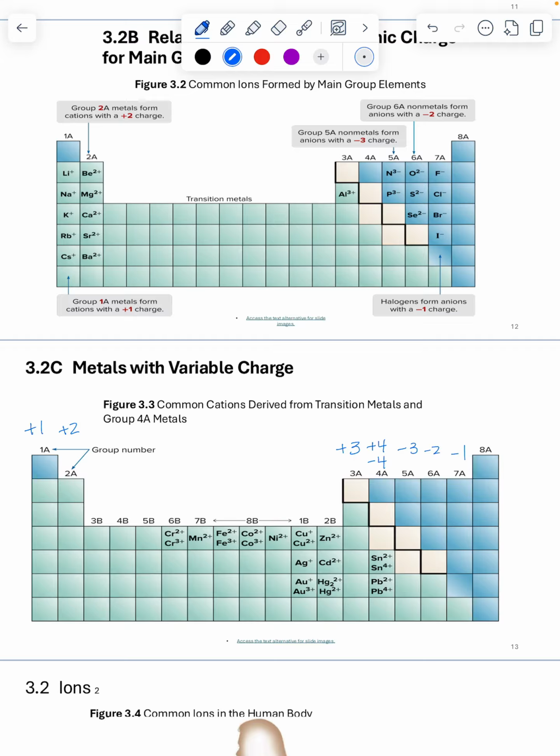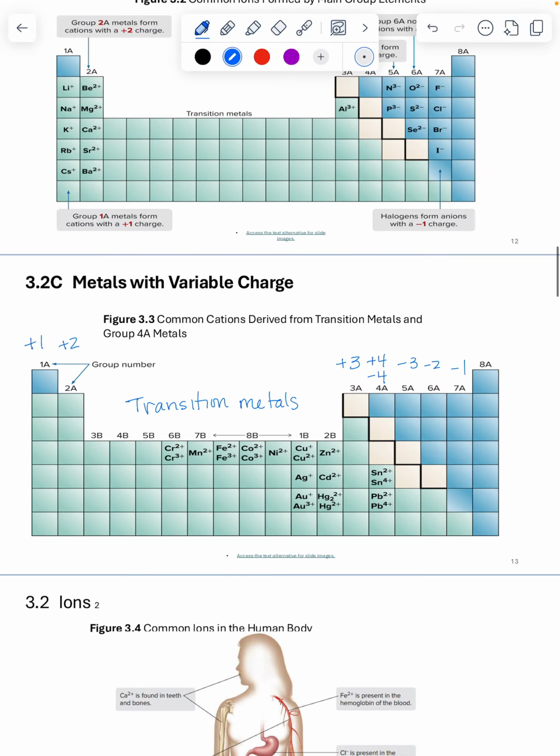Remember, these are the transition metals here in the middle. And again, these metals typically don't follow the rules that we learn. Some of these elements have multiple charges, and so these are listed here for you, and you might even just want to make note of that on your periodic table.